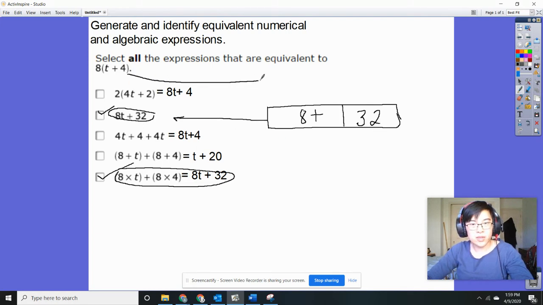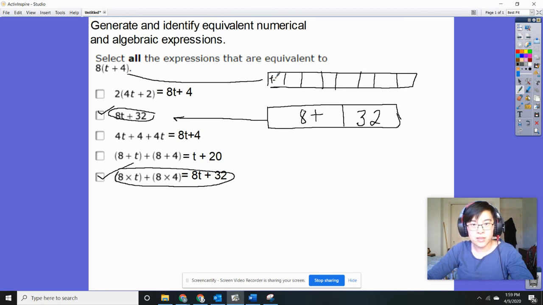If I want to show this one, let me undo that. I have the same big box, but I'm going to split it into 8 equal pieces, because I'm going to show 8 groups of t plus 4.